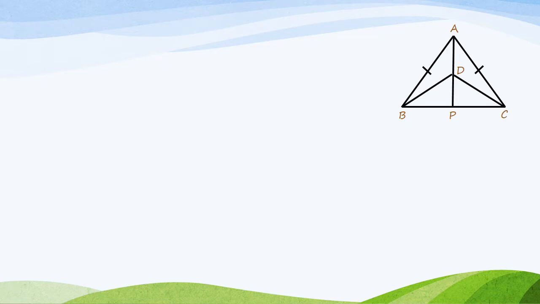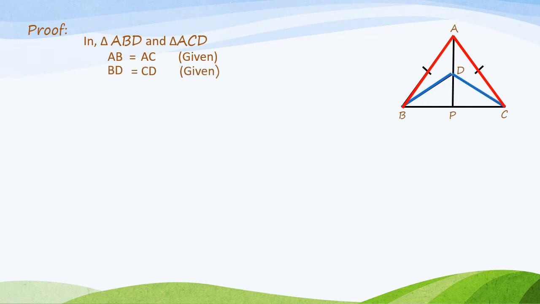Now let us prove, for which we are going to take triangle ABD and triangle ACD, in which AB is equal to AC, that is given in the question, that is, ABC is an isosceles triangle. Now BD is equal to CD, that is also given, that is, triangle BDC is also isosceles. Next, in both the triangles AD is the common side, so AD is equal to AD.